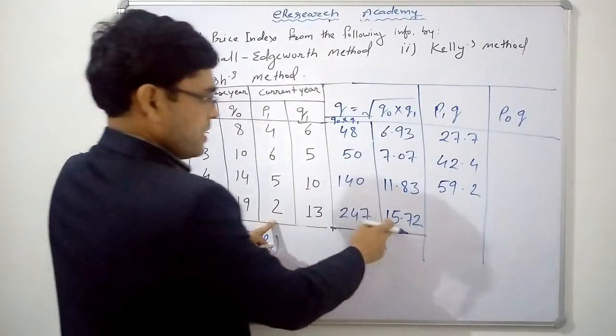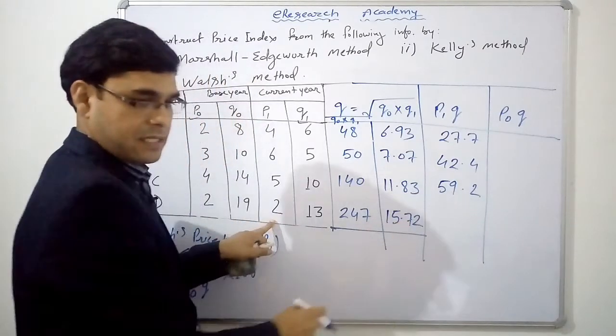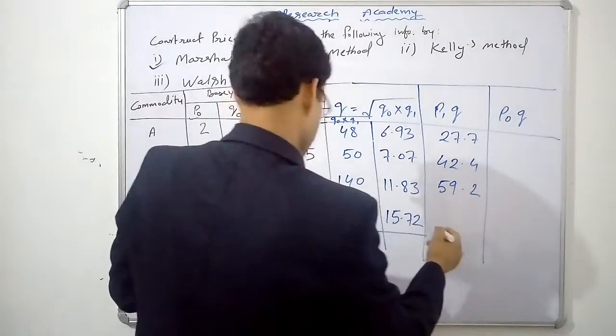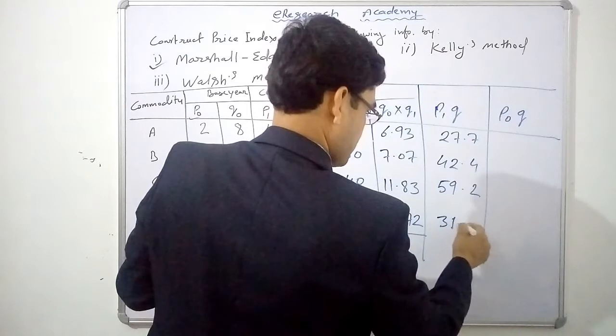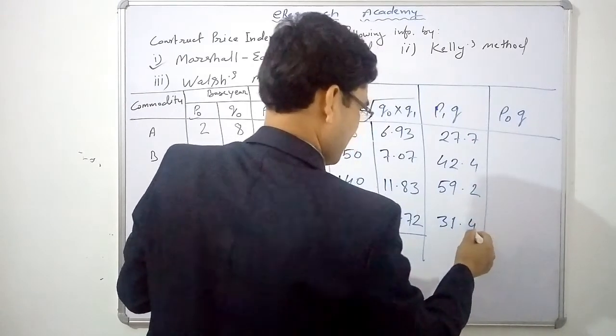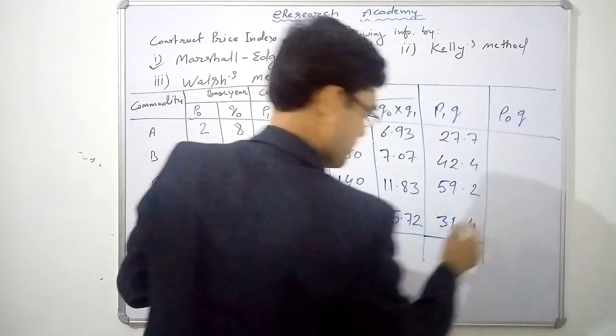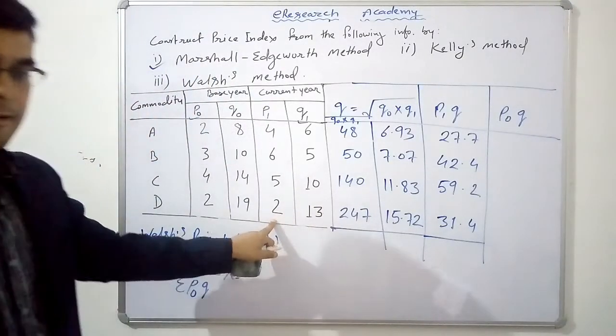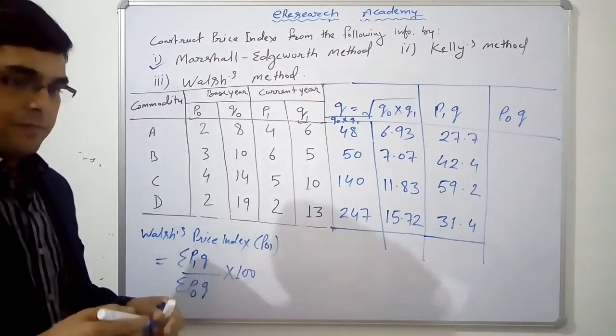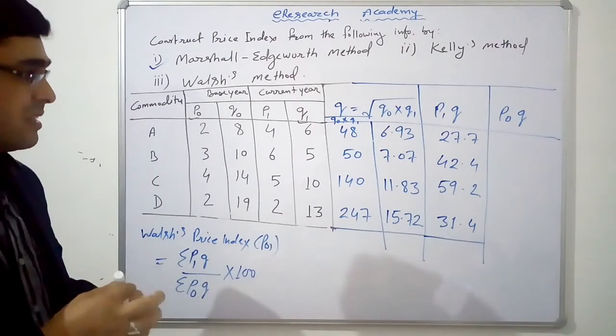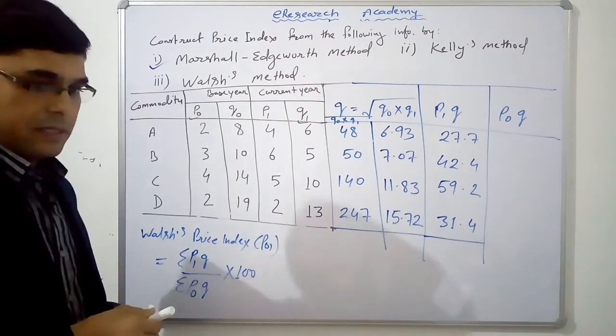And 2 into 15.72, it gives us 31.4. Okay, now get its total.